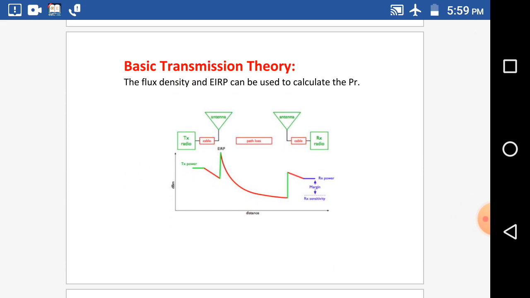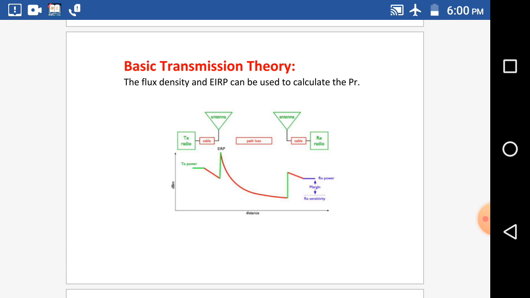This is a general block diagram of communication in which left hand side is a transmitter section, right hand side is a receiving section, and in between two we are using a free space. Transmitting side power is known as a transmitted power, that is PT.